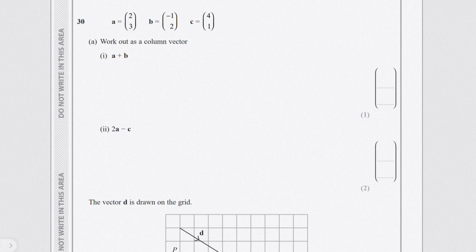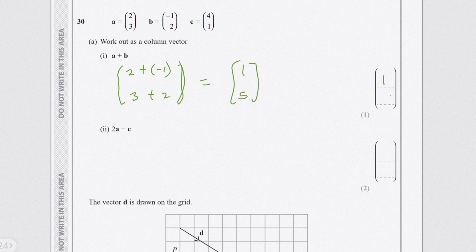Work out as a column vector. A plus B. So how do we add column vectors? A is (2, 3) and B is (minus 1, 2). So that is 2 plus minus 1, and 3 plus 2, which is 1 and 5.